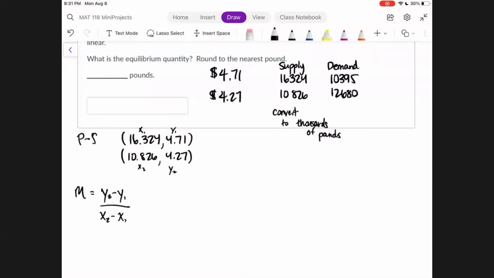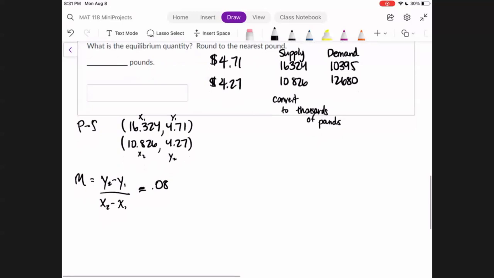Right? x2 minus x1 over y2 minus y1. So you get your slope to be around 0.08 approximately. Okay. And now we're going to use the y minus y1 equals m times x minus x1.